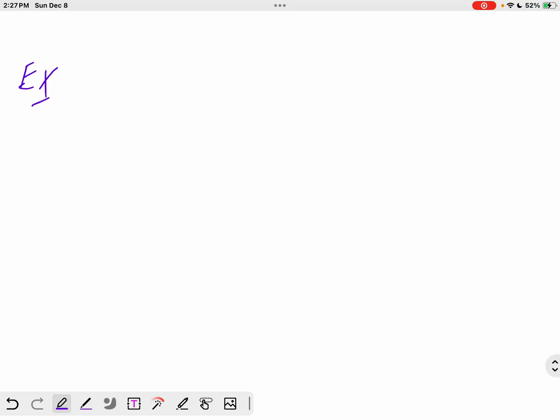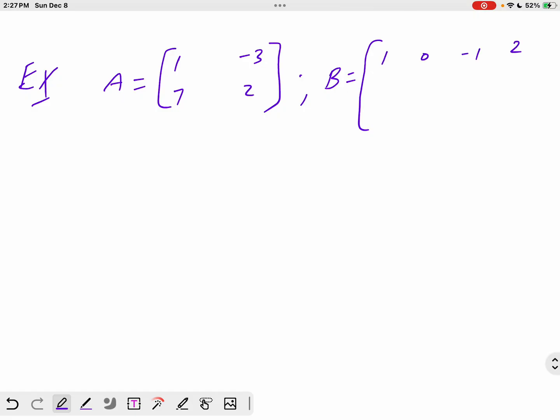Here's the first example. Let matrix A be 1, -3, 7, 2. The matrix B is 1, 0, -1, 2, 3, 1, 4, -1.